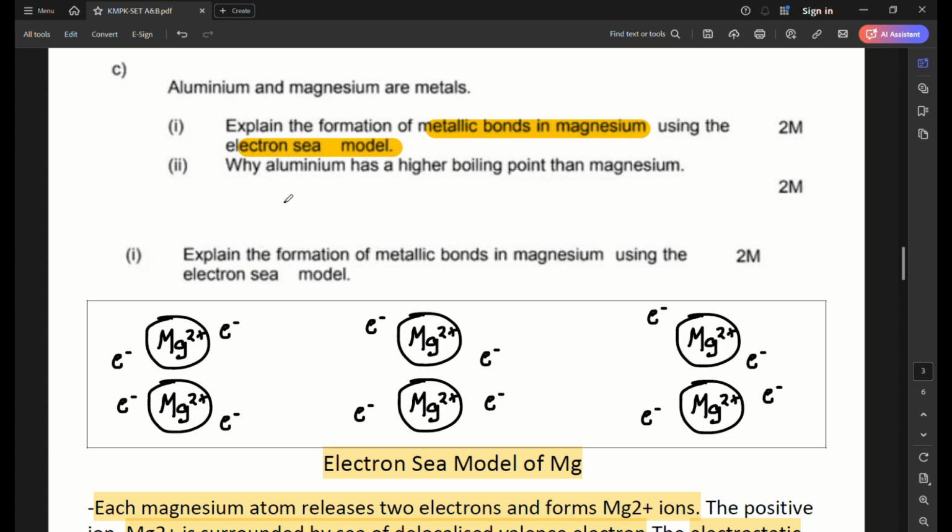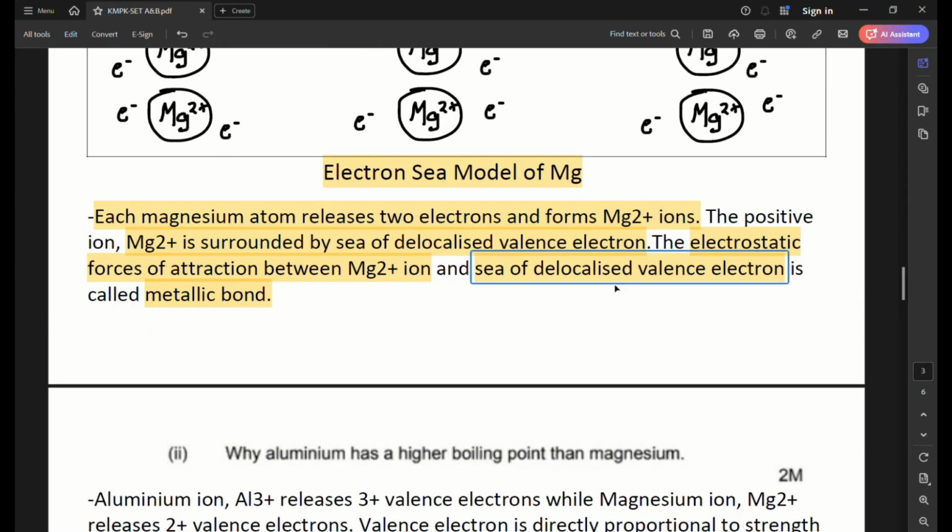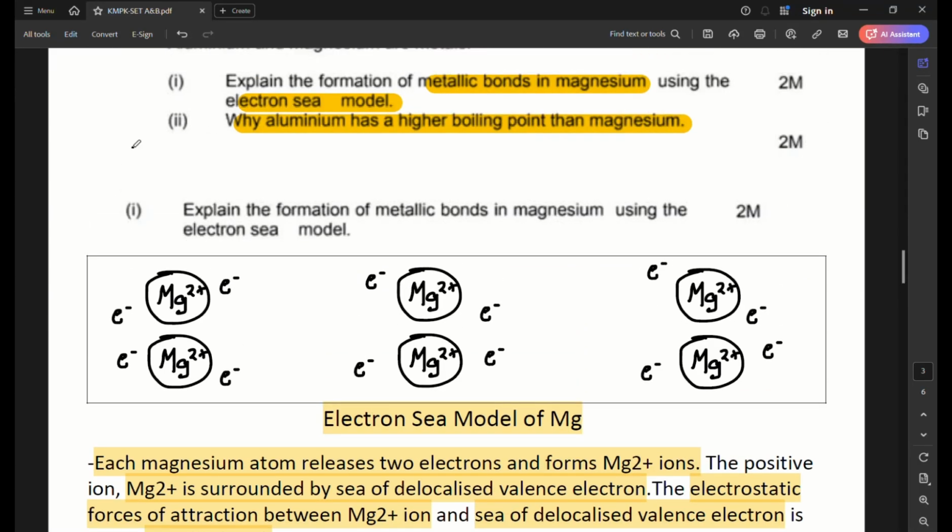So moving on to the second question. Why does aluminium have a higher boiling point than magnesium? To determine the boiling point, you must first know how many valence electrons a certain atom releases.